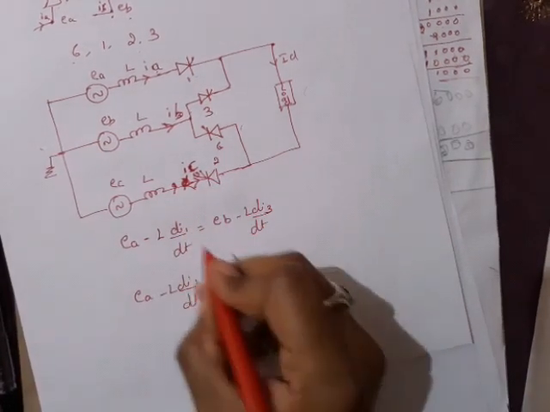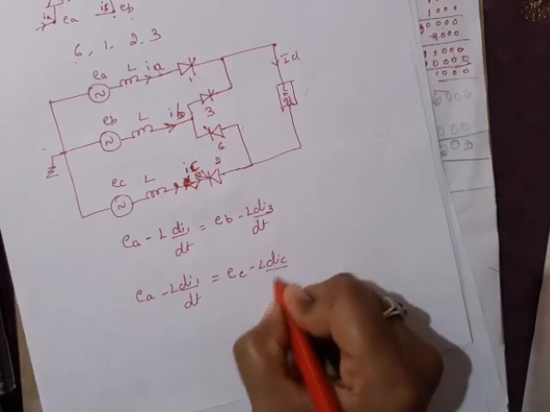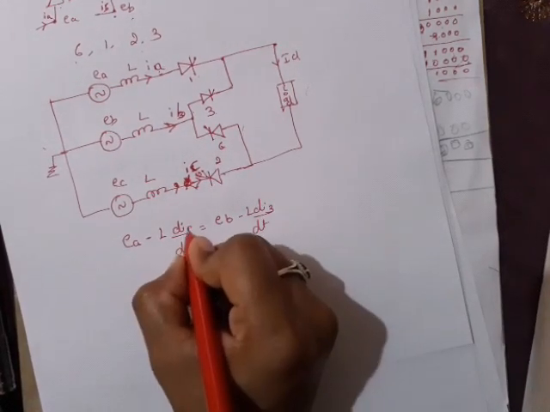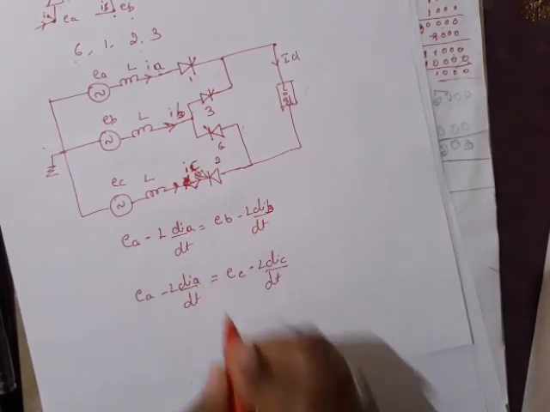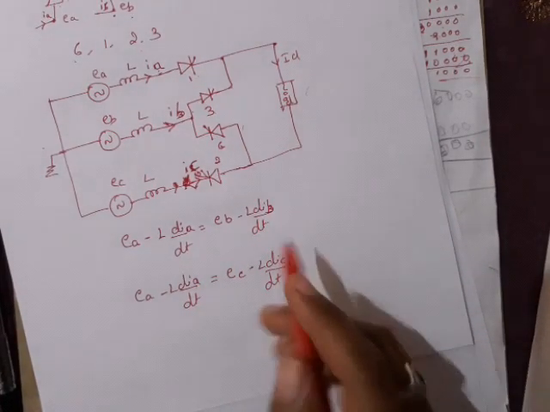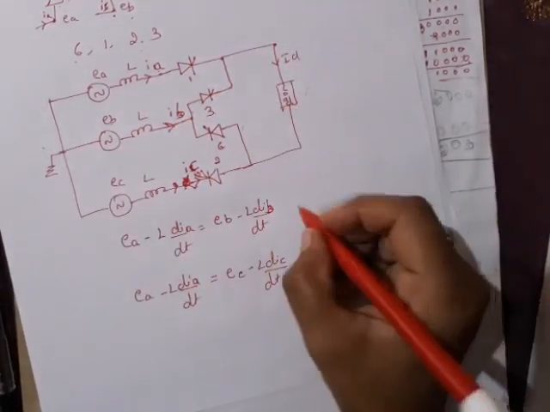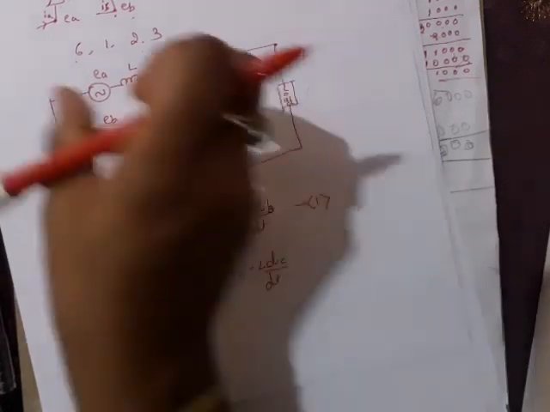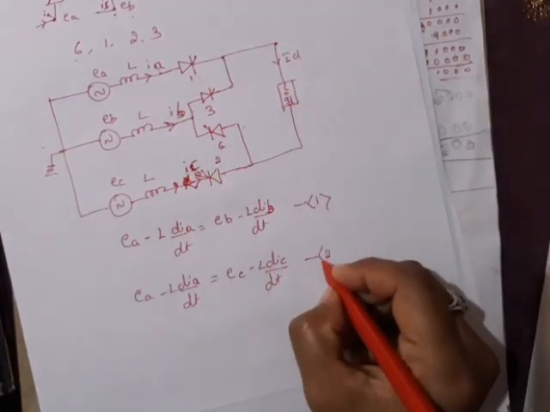So that I can easily write EC minus L into dIC by dt. So this I'll take as dIA, dIB, dIC. It's very clear. This drop is equal to this drop. That is my first equation. Now this drop is equal to this drop. That is my second equation.